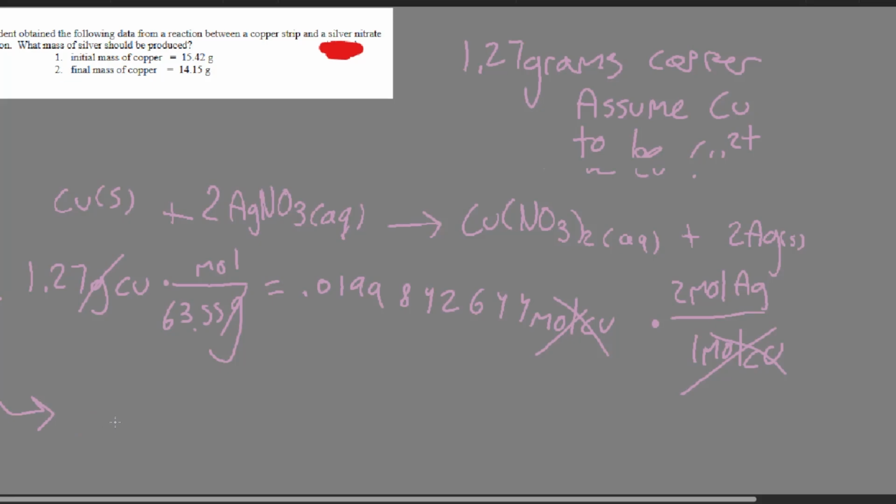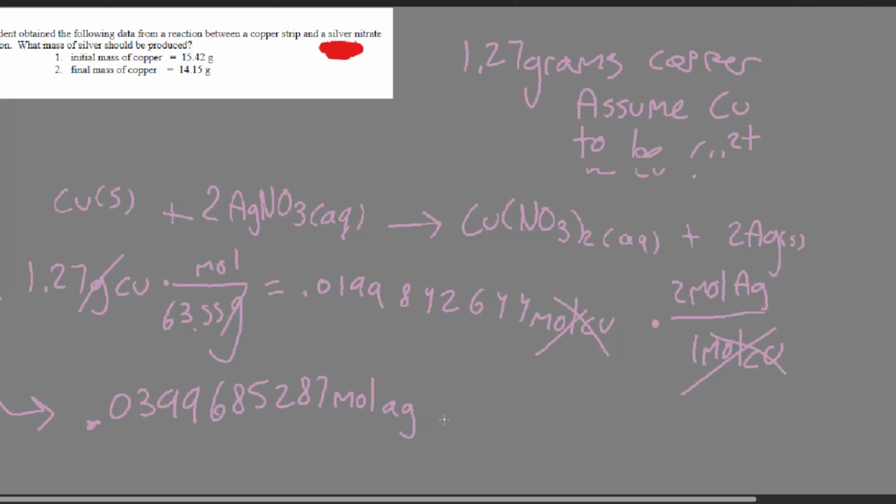Just multiply your value by 2/1. And now you have 0.0399685287 mole of silver.